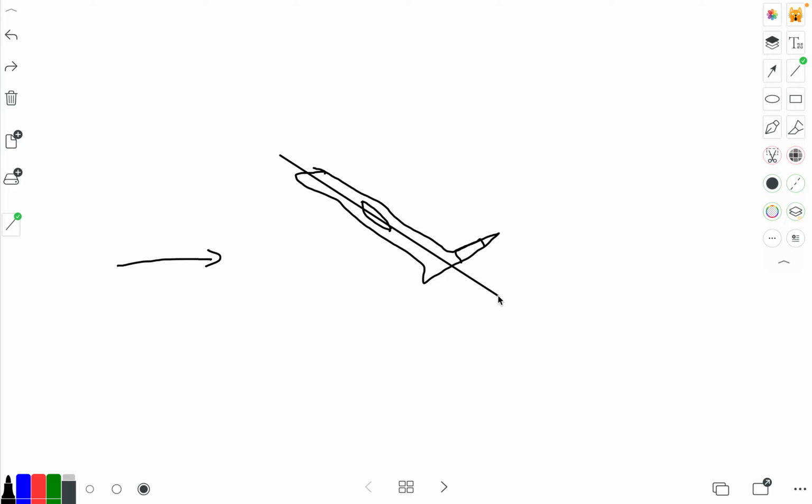This line represents the longitudinal axis of the airplane and this the relative airflow.